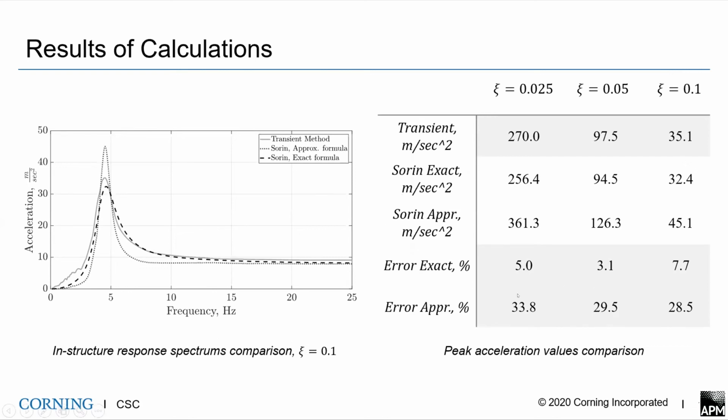And as we can see in the table on the right, the error for all three cases for the exact formula is below 8%. So if we use the exact formula, we can achieve a very good approximation to the solution using the transient method.